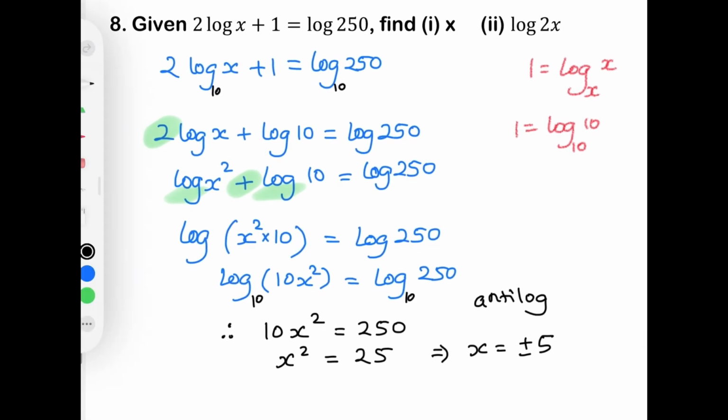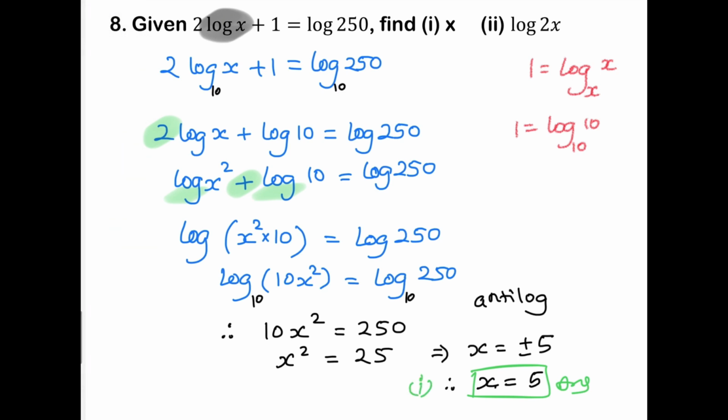Now if we choose x equals to negative 5, then log of x becomes log of negative 5, which is not defined. Logarithm for negative numbers are not defined. Therefore our final answer will be x equals to only positive 5. So this is the first answer, value of x.